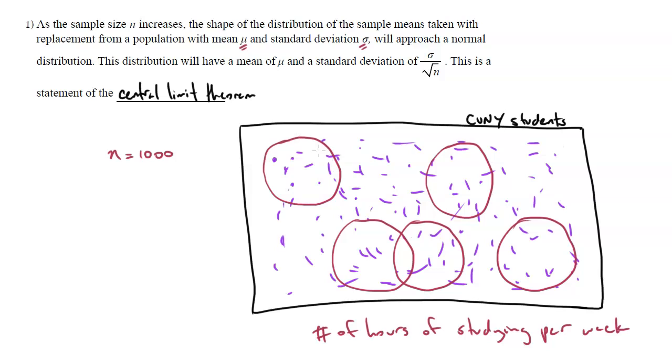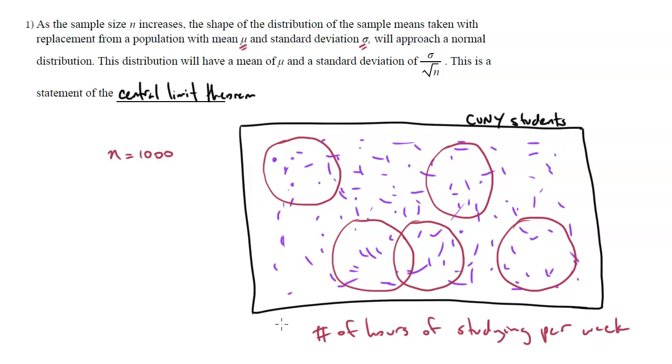For each of these samples, if I take the mean, the average number of hours studying per week, the shape of that distribution of the sample means, if I graph the histogram, would approach a normal distribution as this n gets larger and larger.